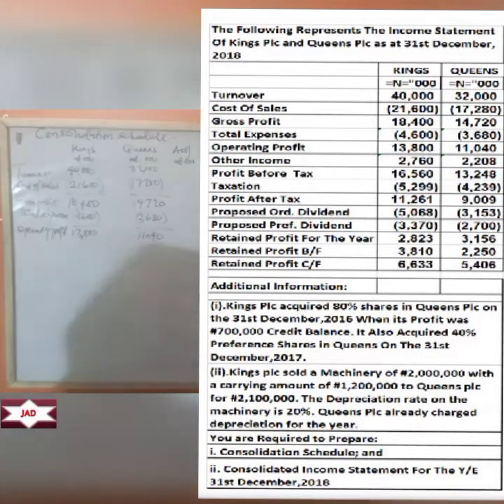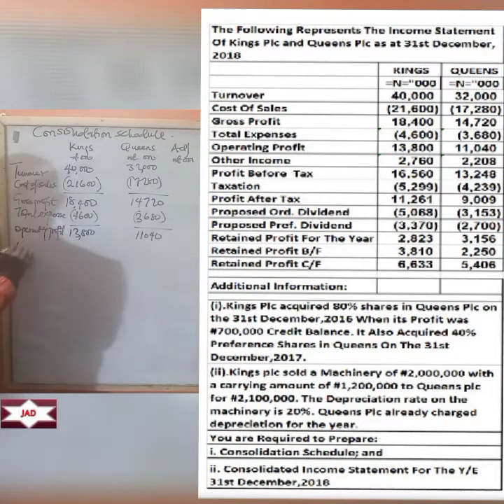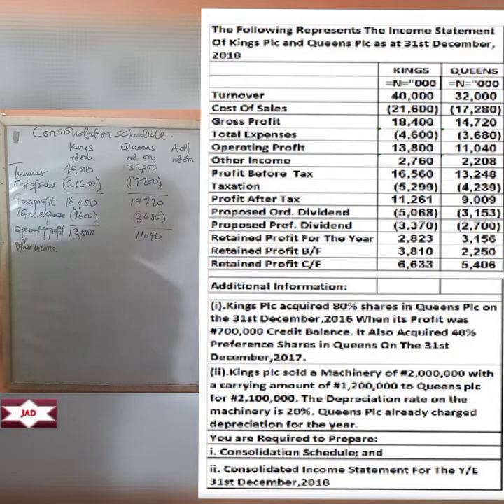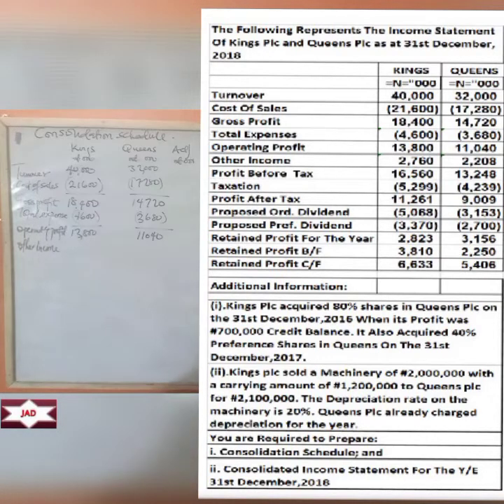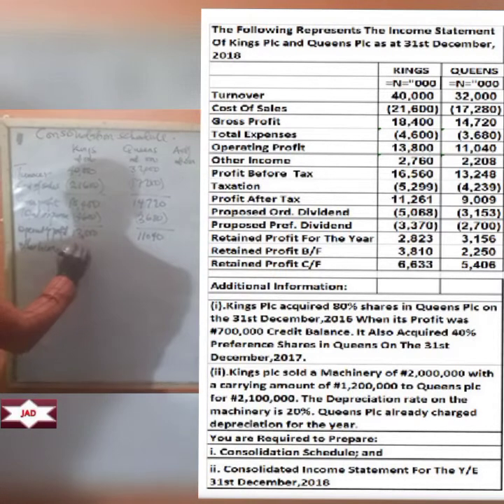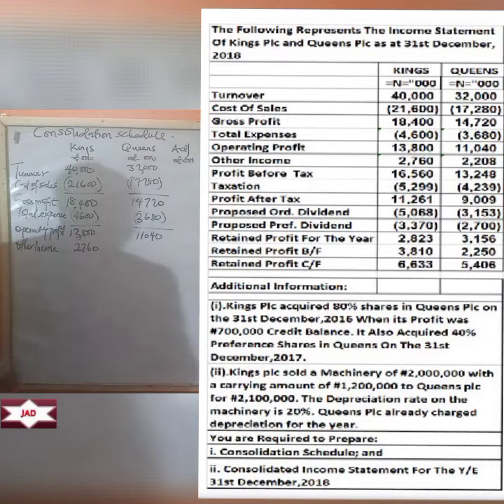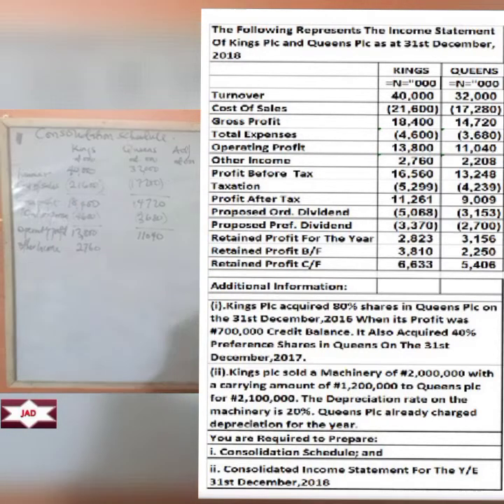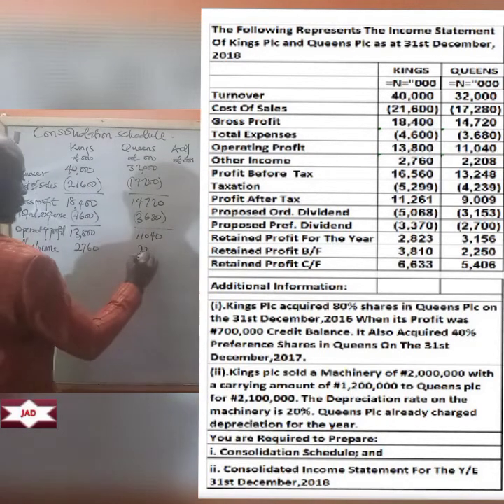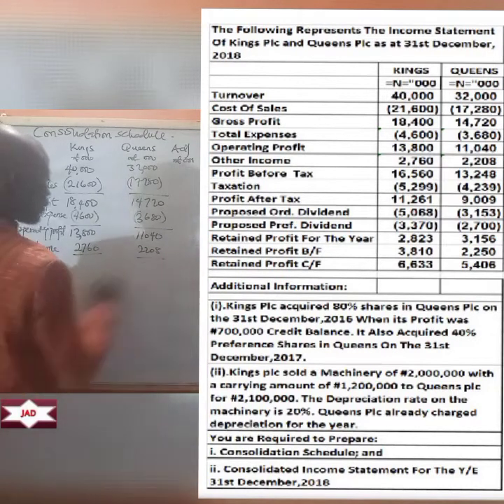And what else do we have? Other income. Other income here, we have 2,760 and 2,208. So what do we have?